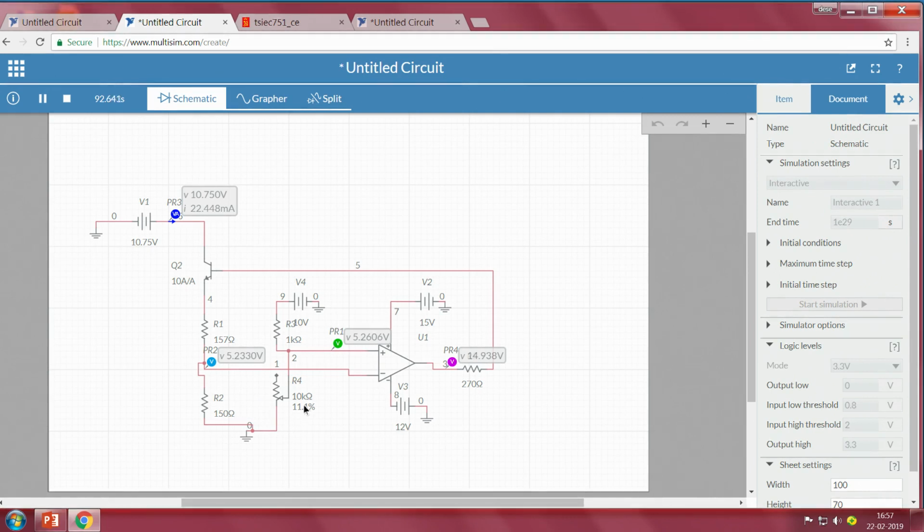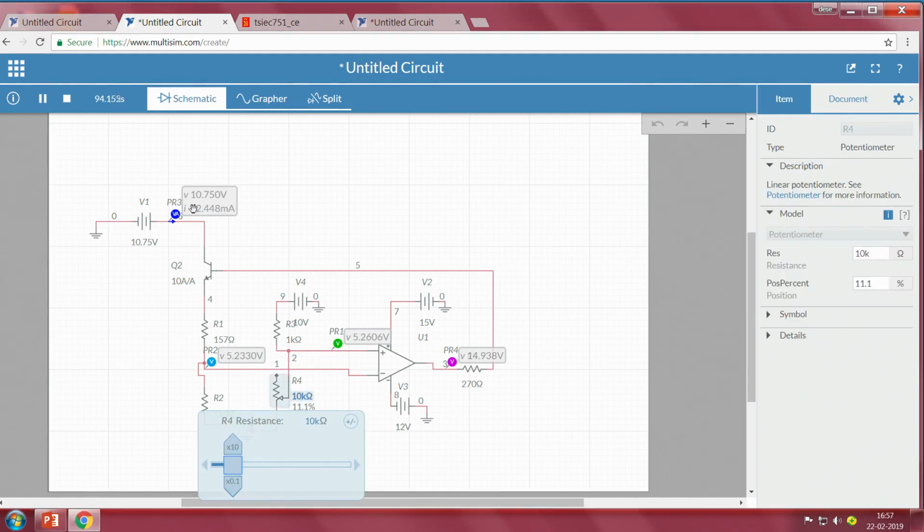Assuming now my room temperature increases from 30 degrees Celsius and rises to 50 degrees Celsius, what happens? Keep a note of the voltage and current here. The current being driven through the circuit is 22 milliamps.